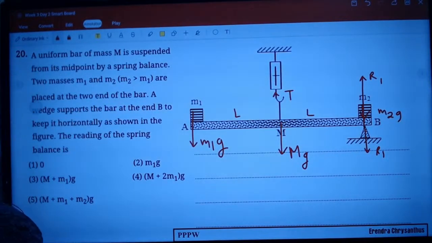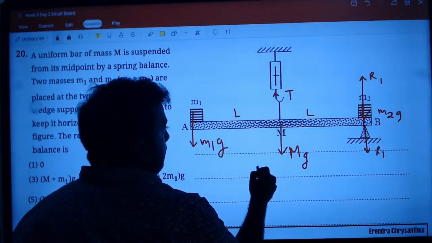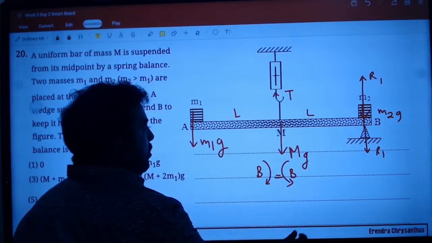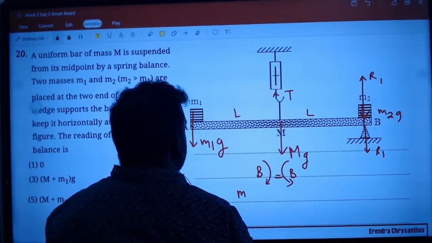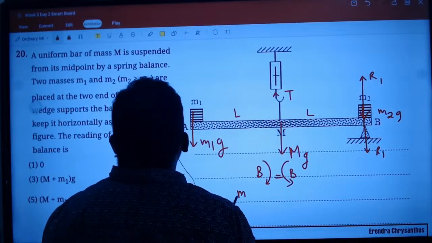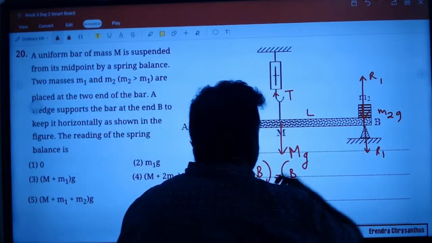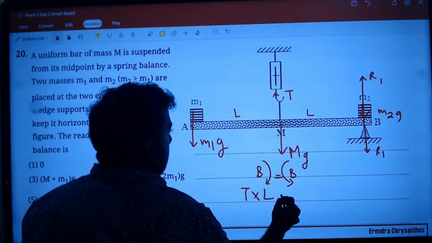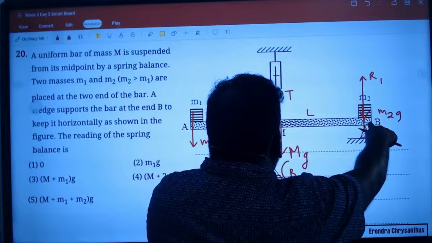What are they asking? The force acting on the spring balance. So clockwise moments about B equal anti-clockwise moments about B. Clockwise moments is going to be tension times L. I keep here R1 won't come.